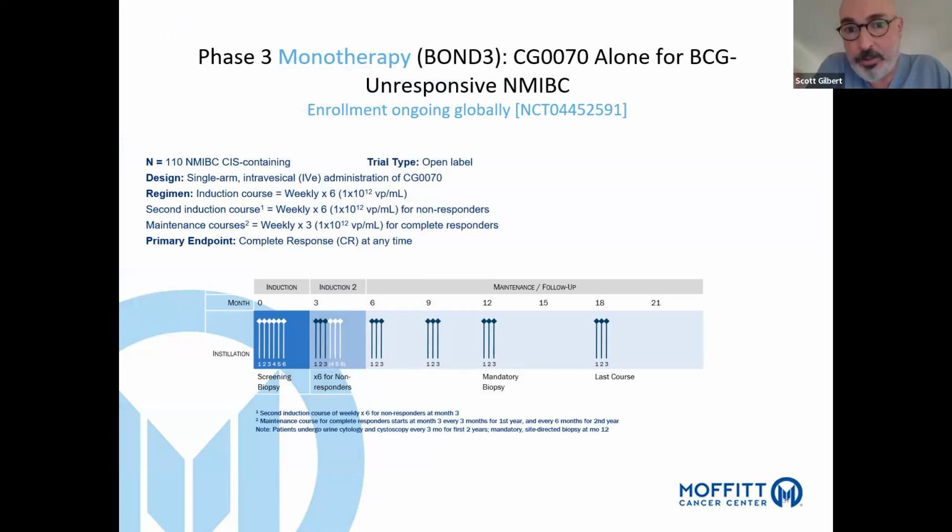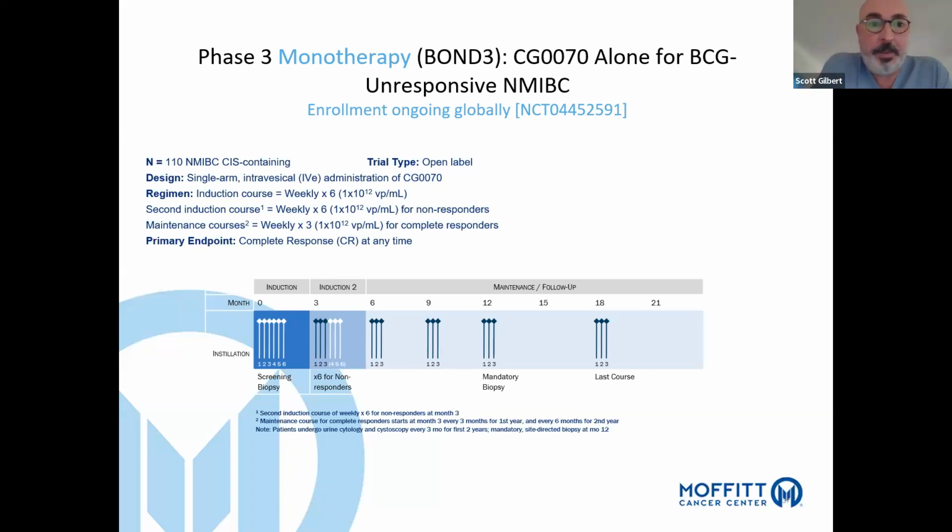This was work done by Roger Lee, a talented young urologic oncologist who has a very specific interest in non-muscle invasive BCG unresponsive disease because he came from MD Anderson, so he had worked with Colin Dinney and Ashish Kamat. That study, I think, is in the process of peer review, but we were seeing north of 50% complete response rates that were fairly durable, at least to 12 months.